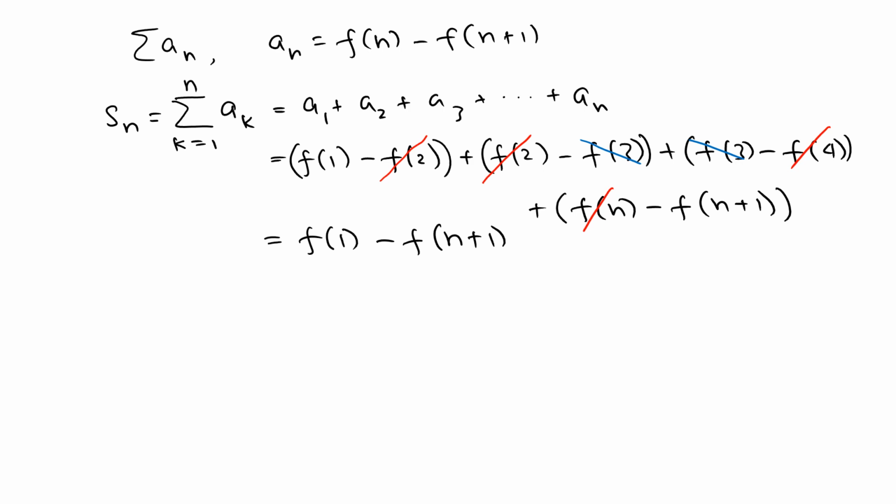Now the question is whether this converges or diverges. If the limit of the last term is 0, something interesting happens. That's the only interesting case. So if the limit, when n goes to infinity, of f(n plus 1) equals 0, what's going to happen?